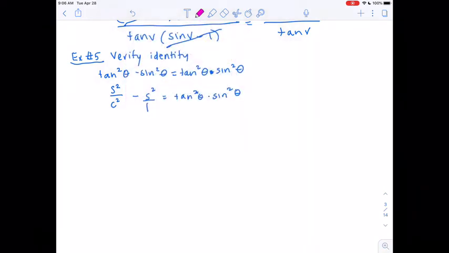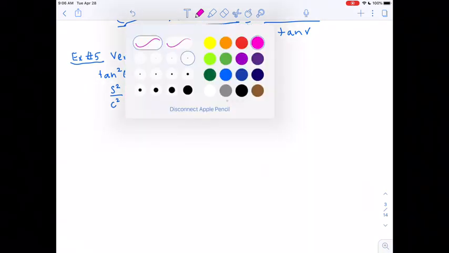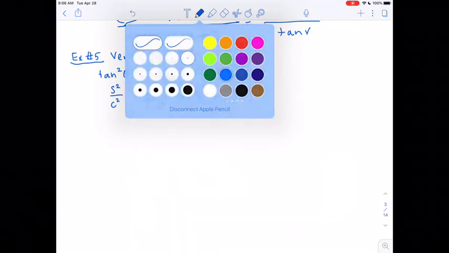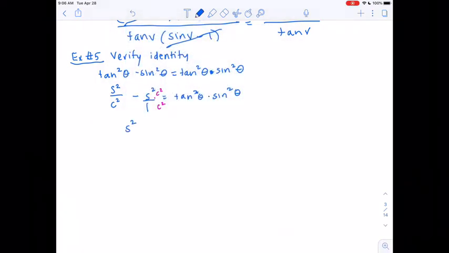So that means I would multiply the second fraction by c squared over c squared to force it to have the same denominator. That's now going to get me s squared minus s squared times c squared all over c squared, my common denominator.